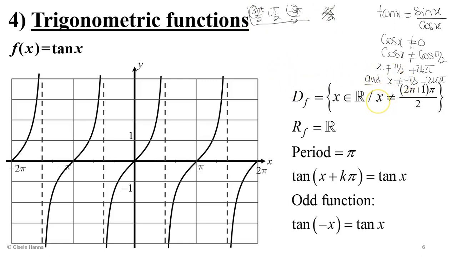So with x restricted from having these odd multiples of pi over 2, you notice that the tan function would have a vertical asymptote at these points. So this is here x equals pi over 2, that's a vertical asymptote. x equals 3 pi over 2, x equals negative pi over 2, x equals negative 3 pi over 2, etc. So you notice that at odd multiples of pi over 2, y equals tan x admits vertical asymptotes.